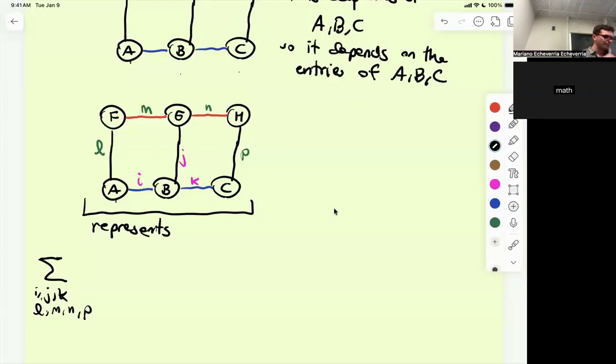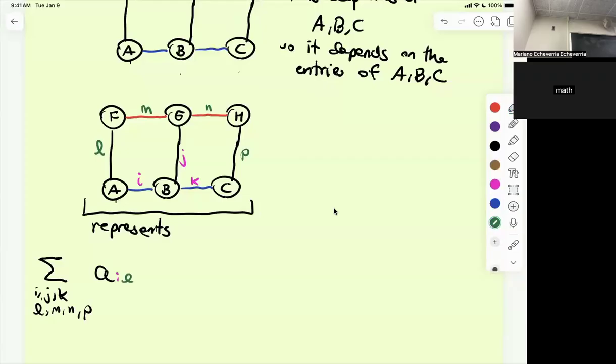But let me read it like this. So this would be A, I, L. I'm going to go this way in the diagram.